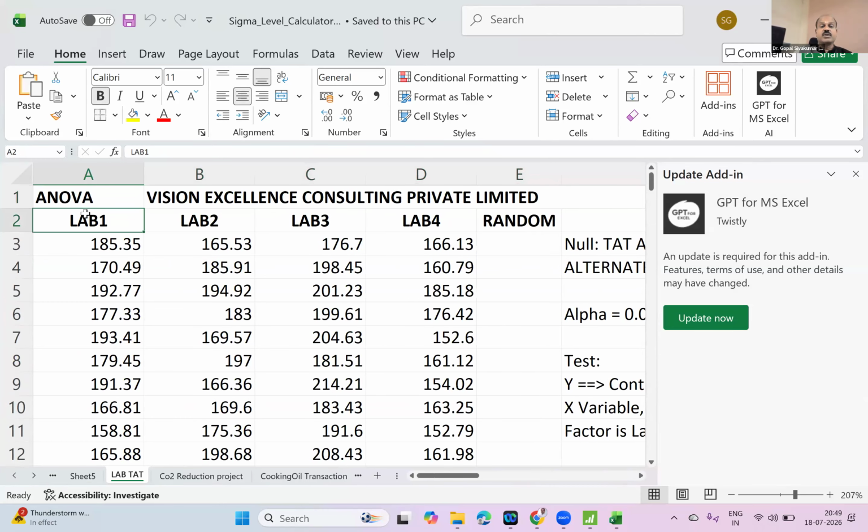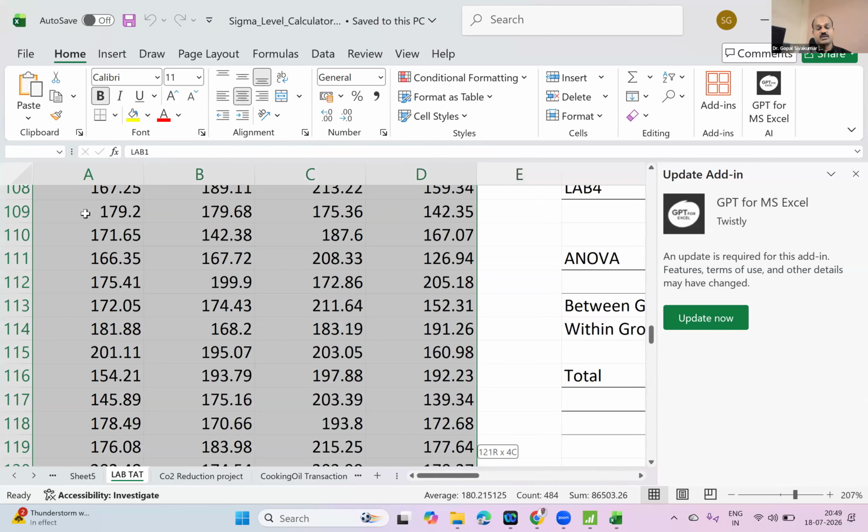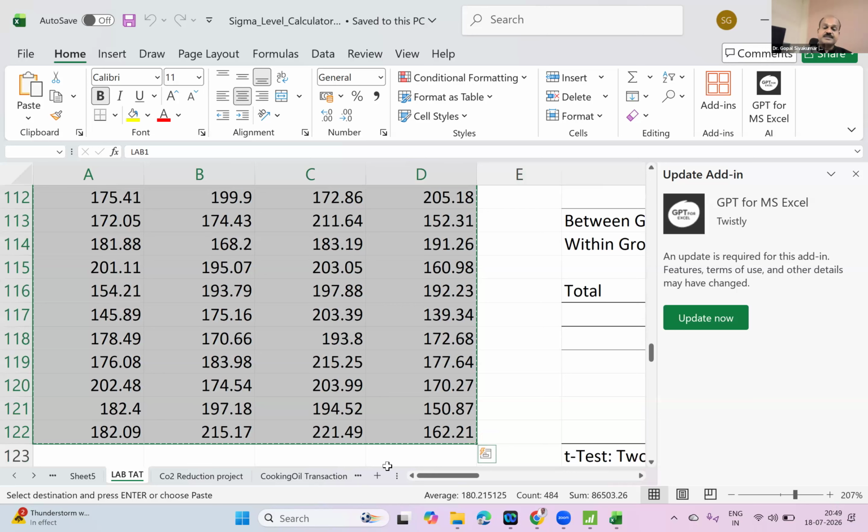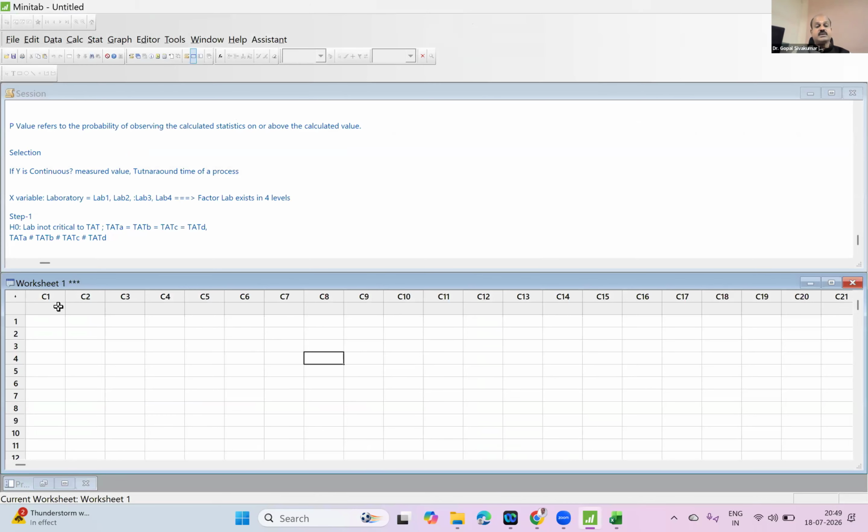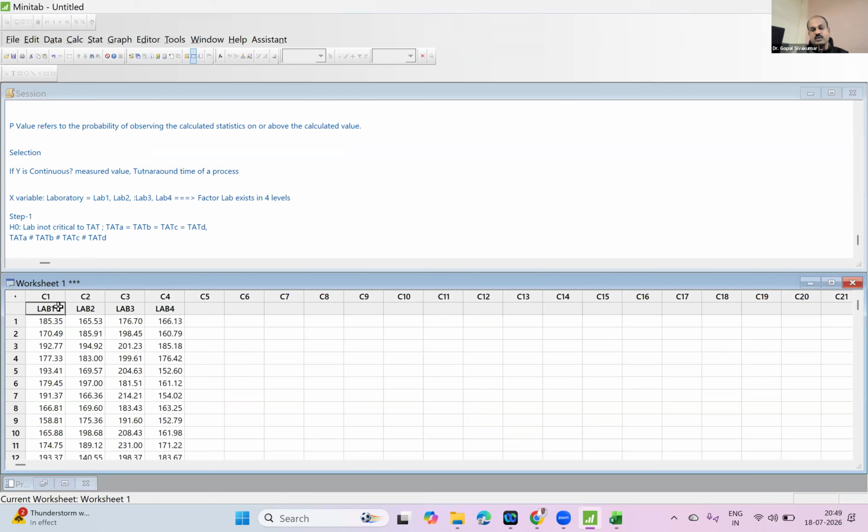Let's copy this data. You see here, lab 1, lab 2, lab 3, lab 4, shift control down, copy everything. Now, we just go to Minitab. Place our cursor on the gray row and paste it. Now we got all the data, lab 1, 2, 3, 4 on the Minitab worksheet.